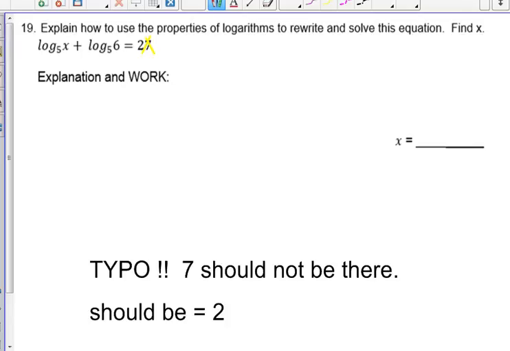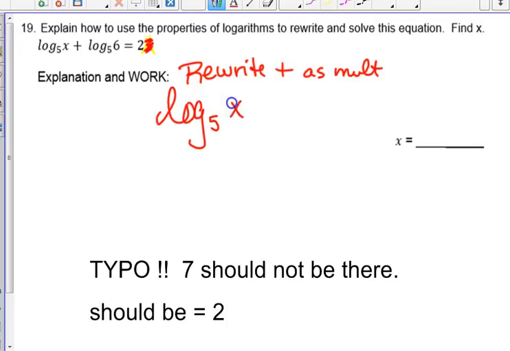All right, this problem has a typo. This is just supposed to be a 2 at the back. So the rules of exponents would say that I can rewrite the addition as multiplication as a single log. So it would be log base 5 of x times 6 equals 2.